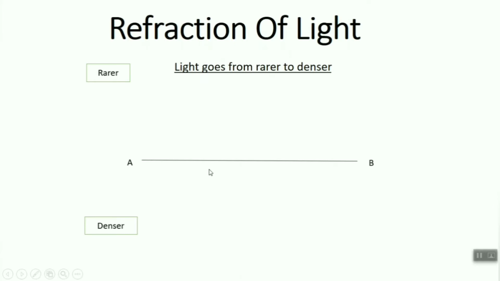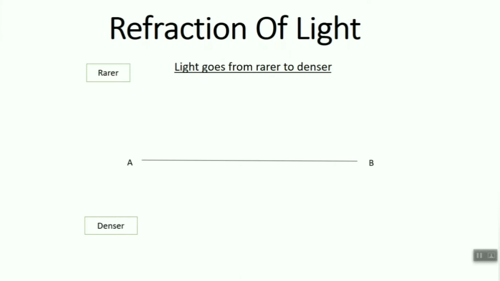One thing you must know, that rarer medium means less dense, and denser medium will be more dense than the rarer. And you must know that light travels with a velocity. Clear? Light travels with a velocity, and it obviously changes its path because of the density of the medium.